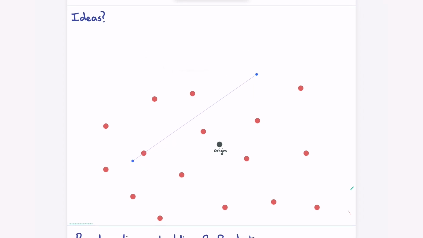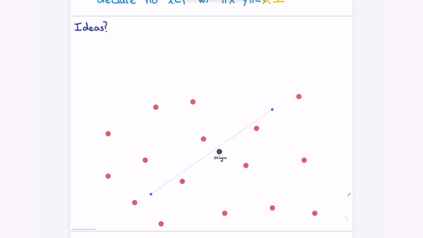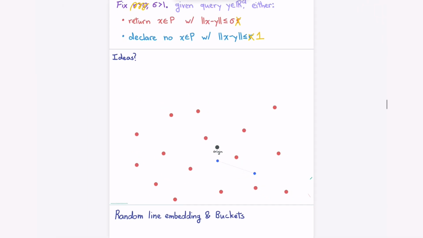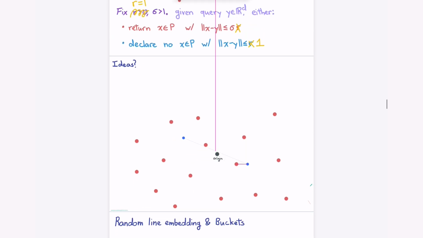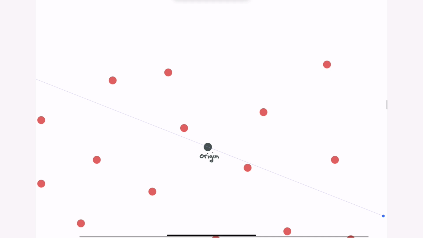So, okay, this is sort of complicated. But yeah, you can try picking a random line. I think it's topologically impossible for my fingers to do this correctly because they have to spin around each other. At some point, I have to spin my body. Okay, but you can pick a random line, and then you can project everything onto this line.